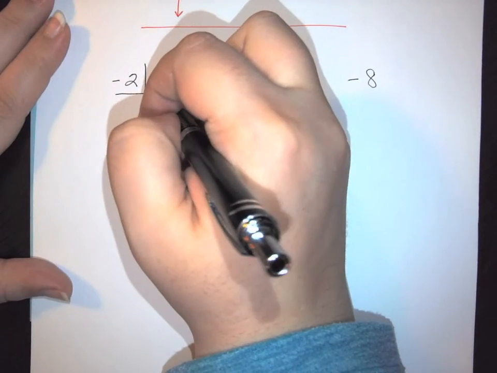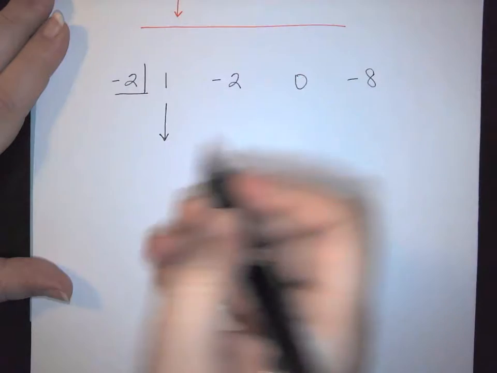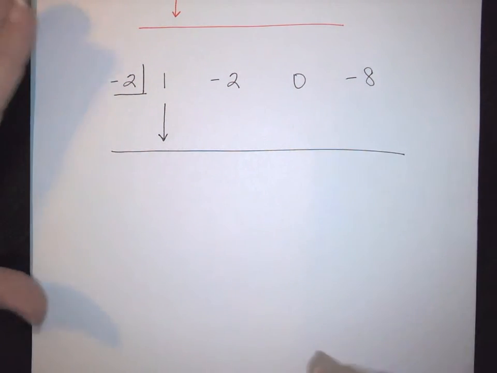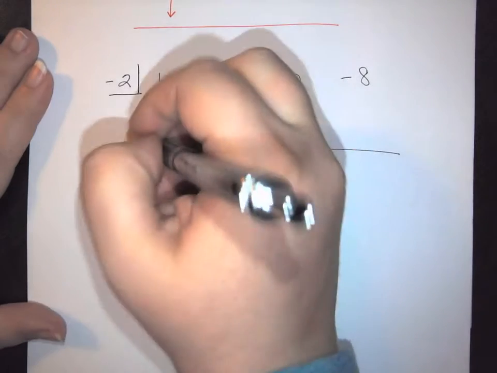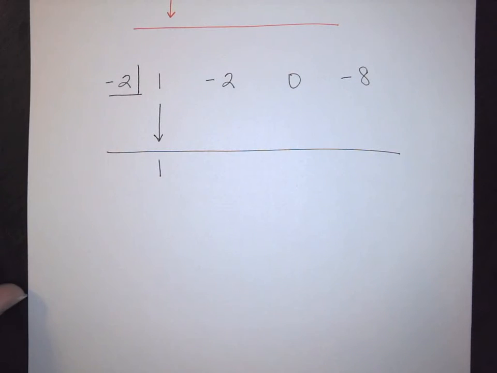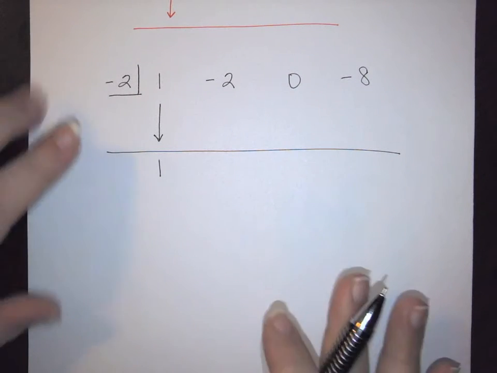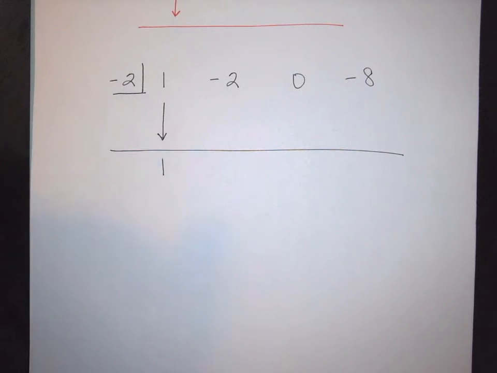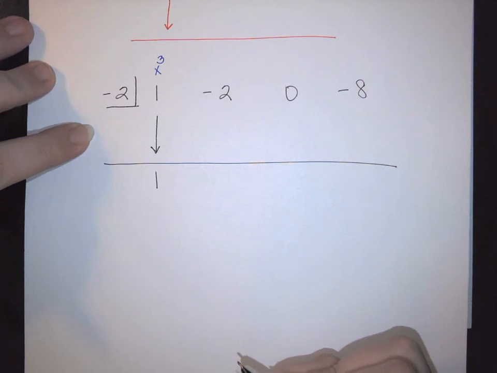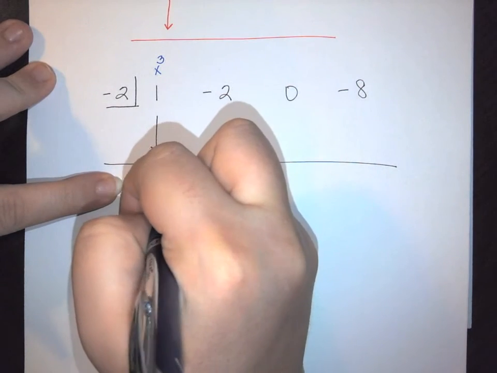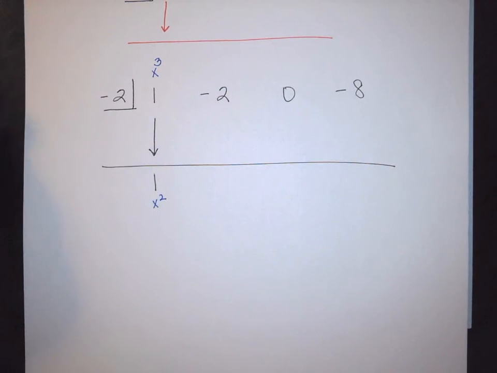We are then going to draw the arrow down and put our equation bar underneath, and we're going to go ahead and get started. We're going to drop that 1 down to the bottom. Essentially what this does is this takes your x cubed, which is what's represented up here, from an x cubed down to an x squared term.